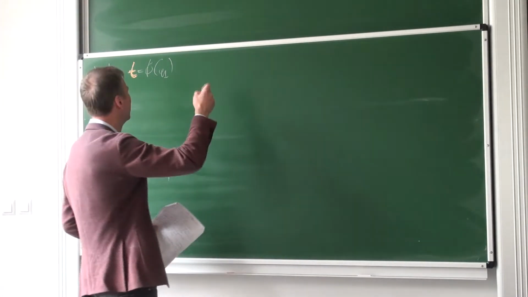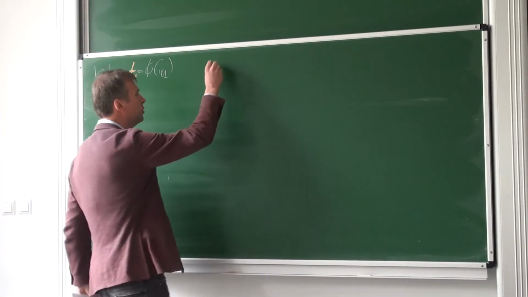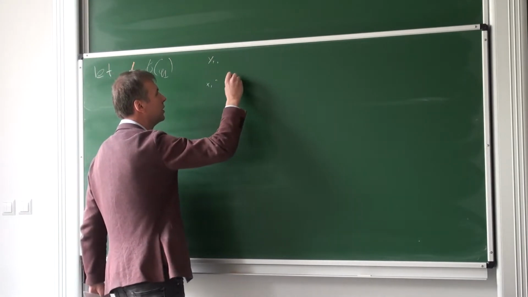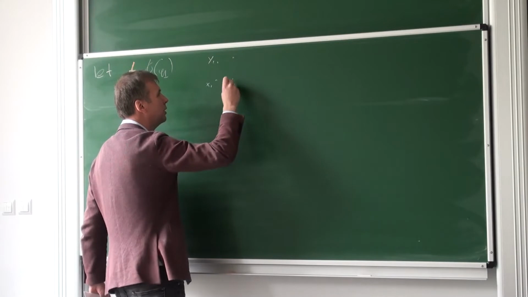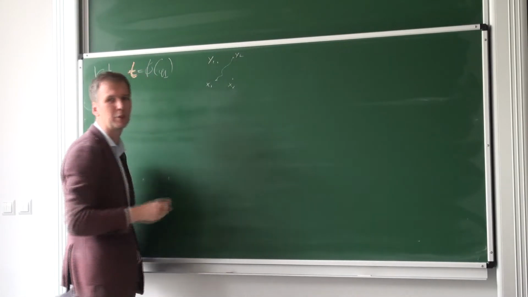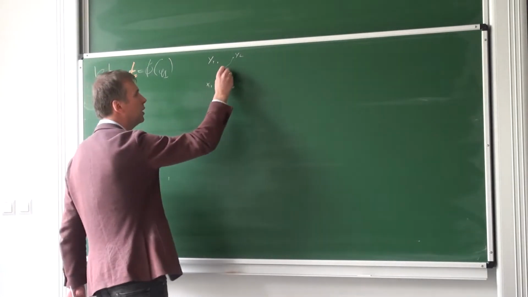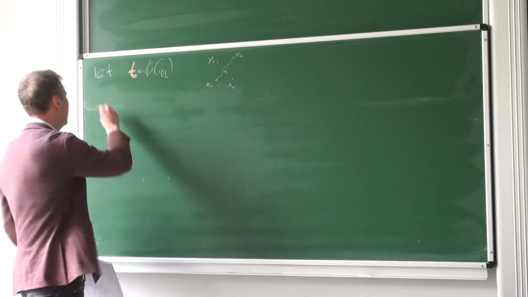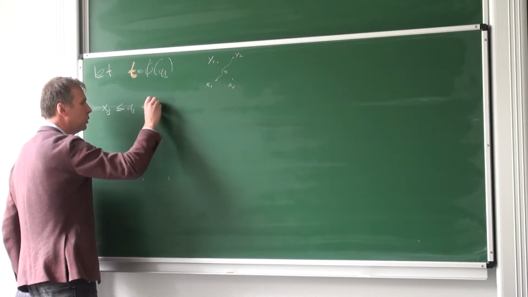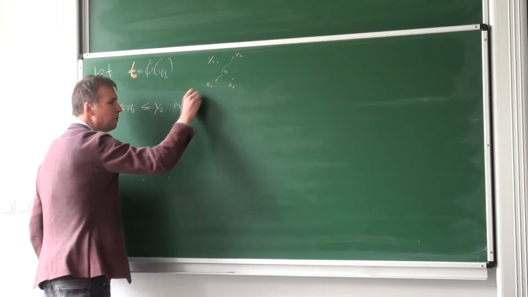Well, what was Q1? Remember, it was a minute ago that Q1 was a path from x1 to y2, yes? Some special path. Q1 lies somewhere on the way: x1 less or equal Q1 less or equal y2 in P. Yeah?